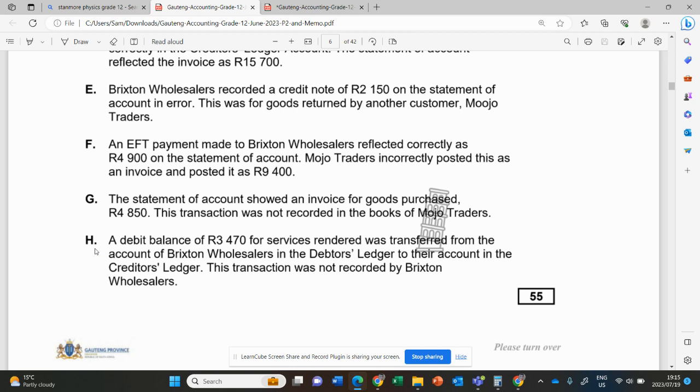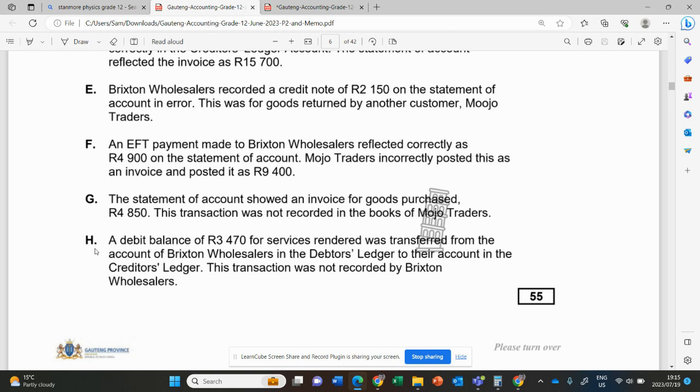So what is happening is that this is a transfer from a debit balance to a creditor. So we issue a general voucher. It means somebody who was owing us, now we bought goods from him.